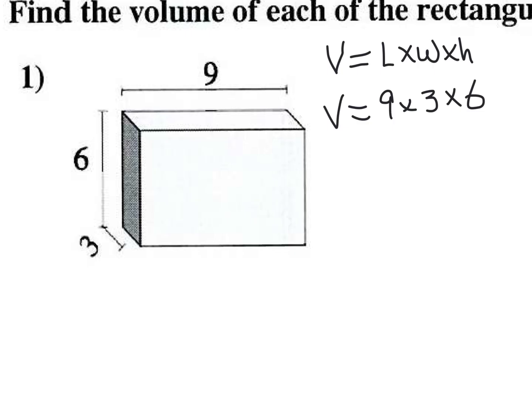So it makes sense to call those the length, the width, and the height. And then we simply take those and we multiply. So I'm going to multiply 9 times 3, which is 27, and multiply that times 6, and I get 162. So the volume of this three-dimensional shape is 162 units.